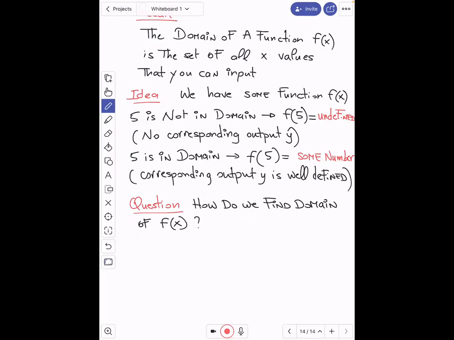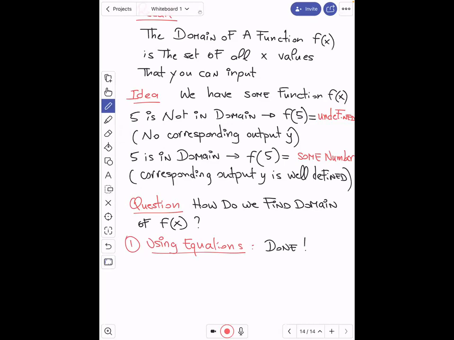The answer: first, if the function f is expressed or described by an equation, we use equations. We discussed this last week.